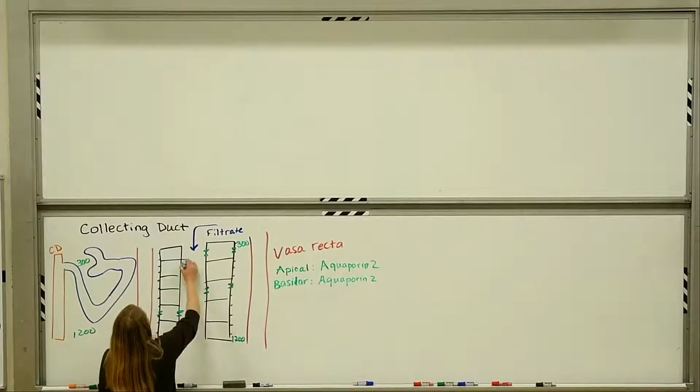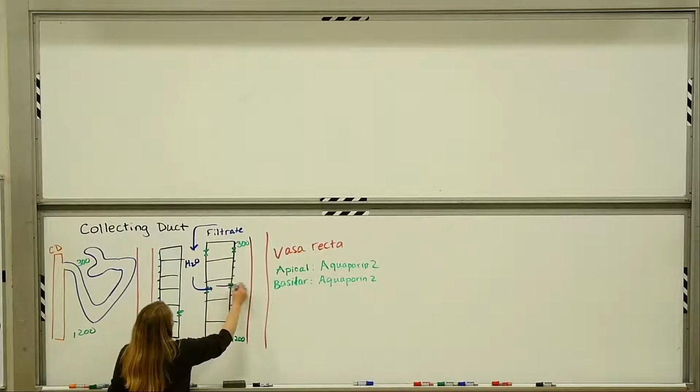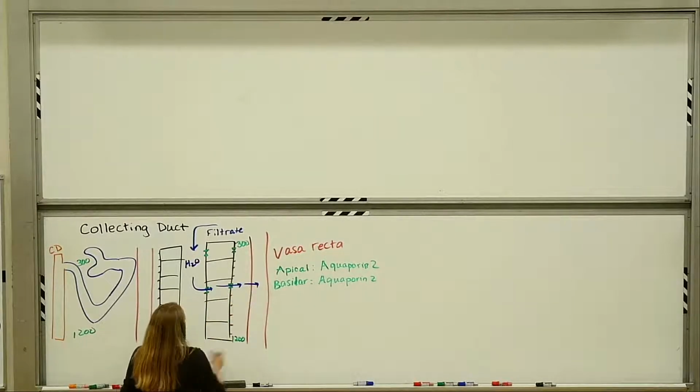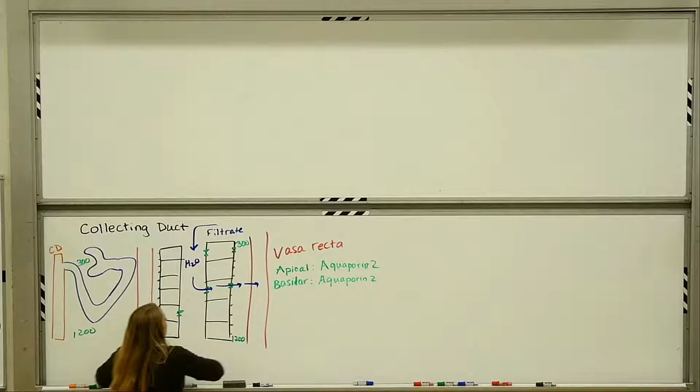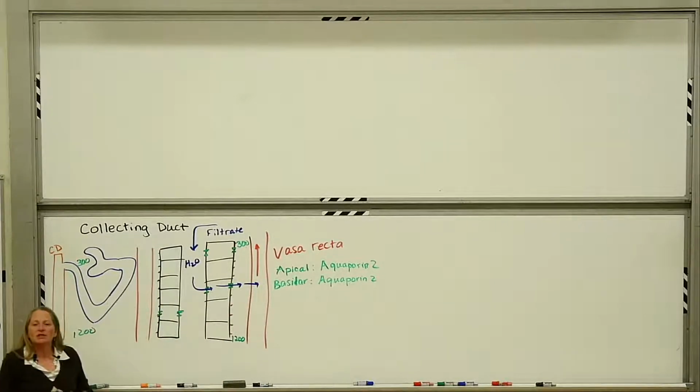So whatever water you have left in the system, you're going to push it into the cell, push it back out, pick it up in the vasa recta, and then the vasa recta is going to be moving counter current in the opposite direction so that it can take that water away and maintain the gradients.